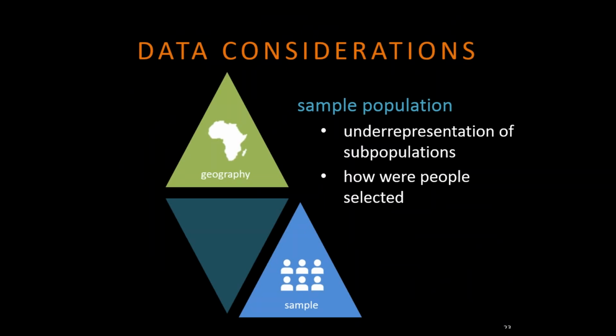So another aspect of data sources that you may want to consider when comparing and contrasting is who's in the sample population, who's in that data set. So sometimes this is directly related to the geography. In the case of surveys, for example, the surveys like the BRFSS or the school health surveys are designed specifically to ensure that they represent every single person in the state.